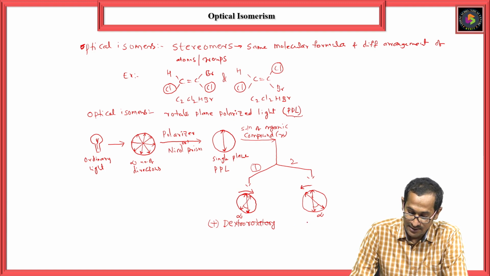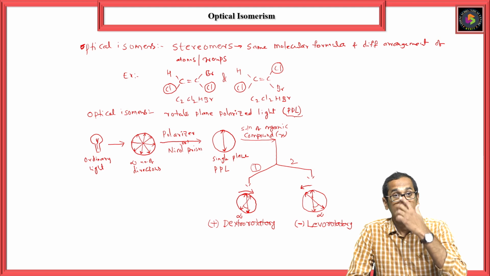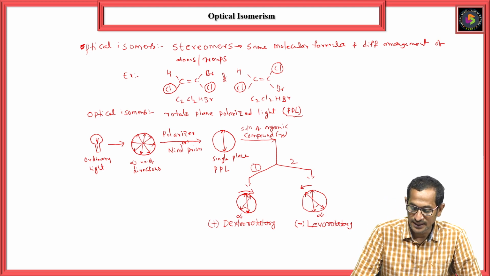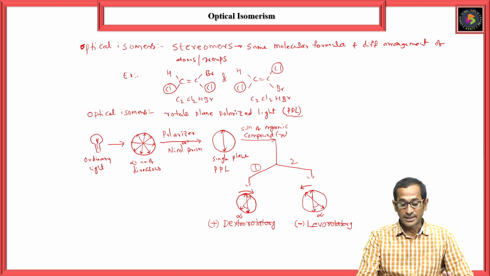And in such cases, the isomer is called levorotatory, which is indicated with the negative sign. Right? So, dextrorotatory and levorotatory. These two are the isomers.